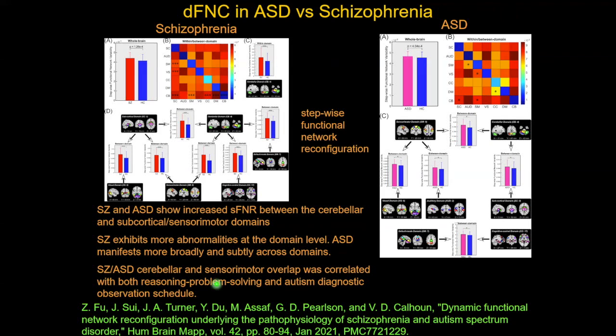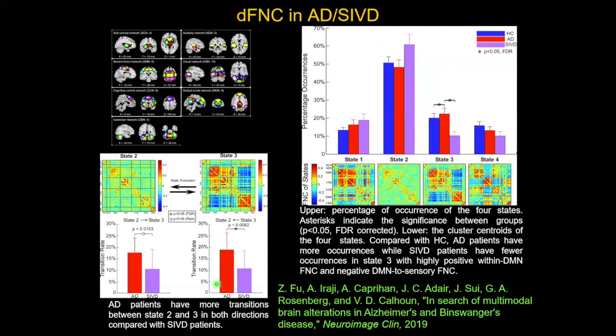So again, it gets at distinct, disorder specific aspects, very complex. There are a lot of studies trying to look at how to characterize mental disorders. And so this, I think, gives us some promise going forward. And we can also use dynamic FNC to look at subgroups.